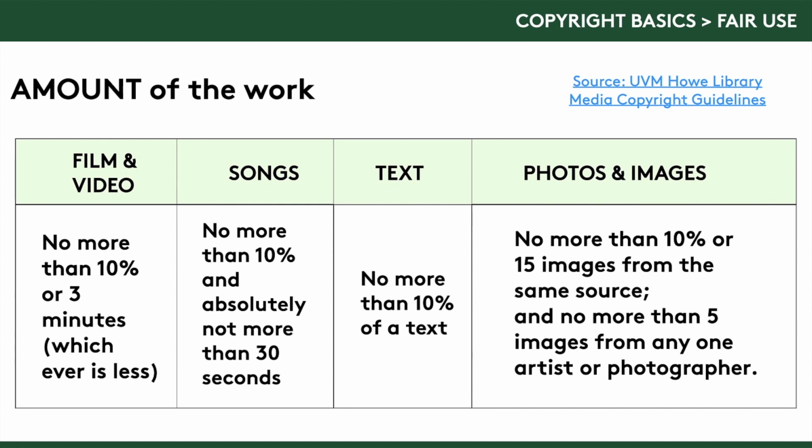Text, no more than 10% of a text. Photos and images, no more than 10% or 15 images from the same source, and no more than 5 images from any one artist or photographer. Again, you're talking about fair use. You're talking about not having had a conversation with this person, not having the person's consent to use their stuff. These are your guidelines in order to be able to check the box for amount of the work for fair use.